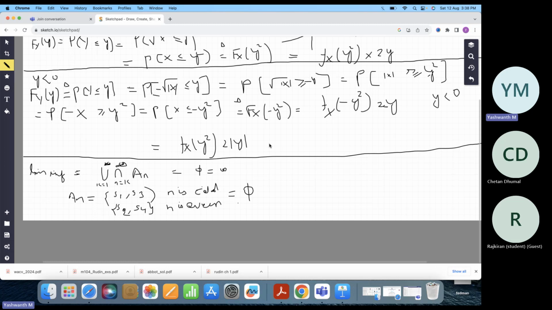Okay, so for any k you fix, this is 5, and the union of empty sets is still an empty set. So the probability of the empty set is 0. That's why it is 0.